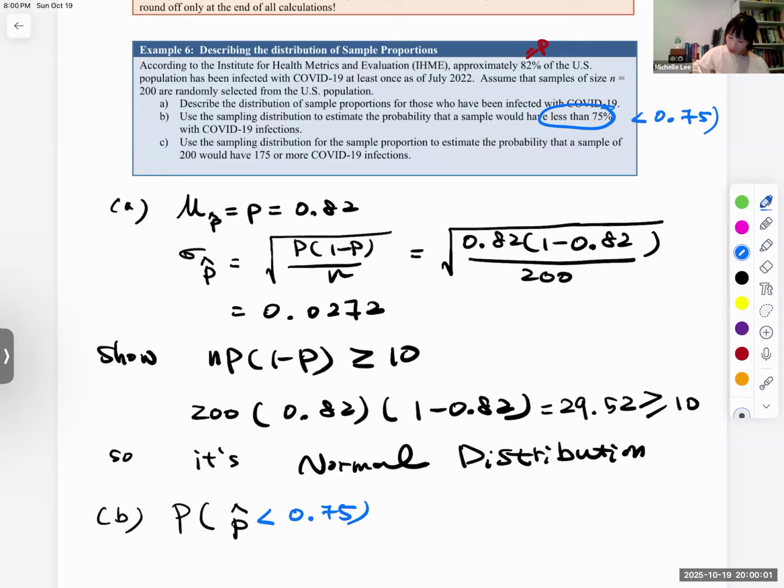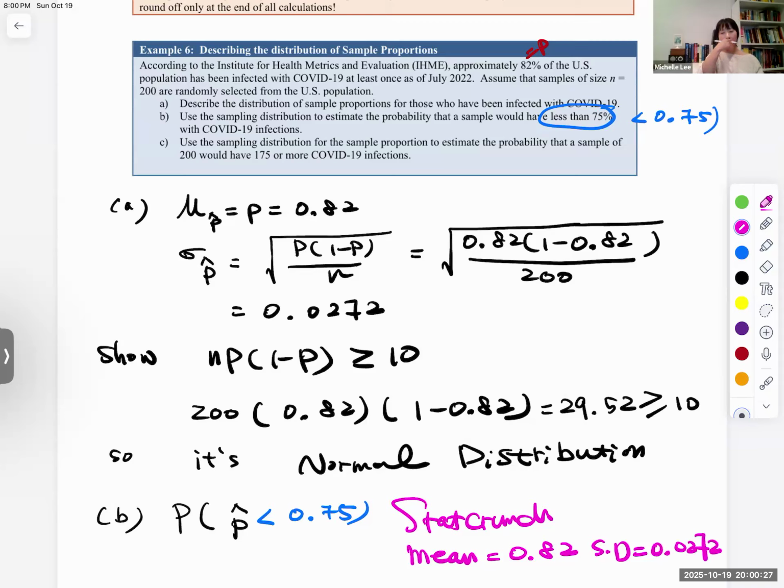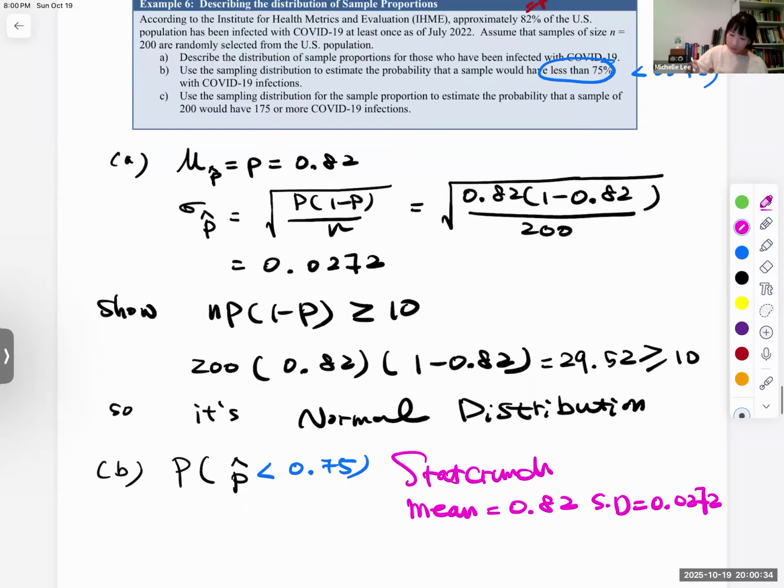So in StatCrunch, with a normal distribution, mean equal to 0.82 and standard deviation 0.0272.